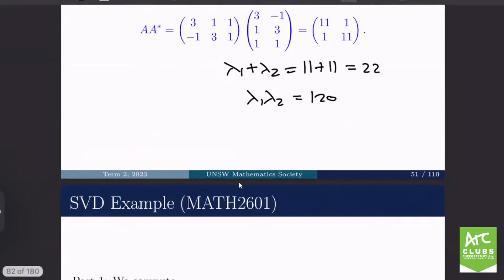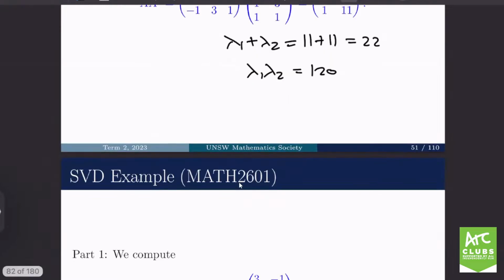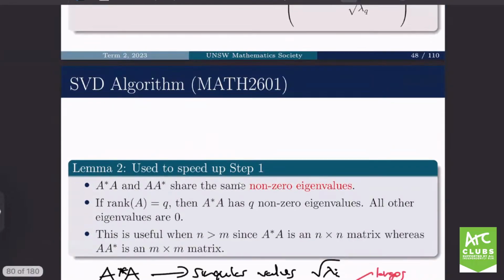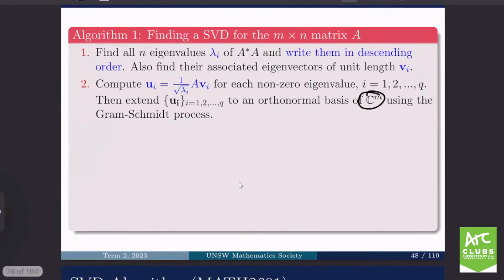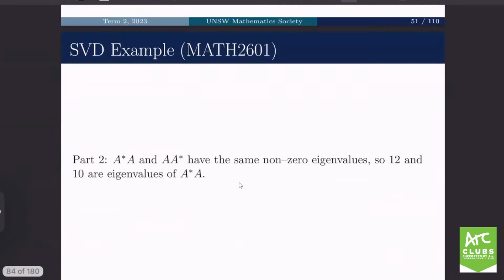And in this case, by inspection, lambda 1 equals 12, lambda 2 equals 10. The reason we do that is because the singular values are ordered in descending order. That's how we define them, okay? So once we've done that, we've found the eigenvalues.